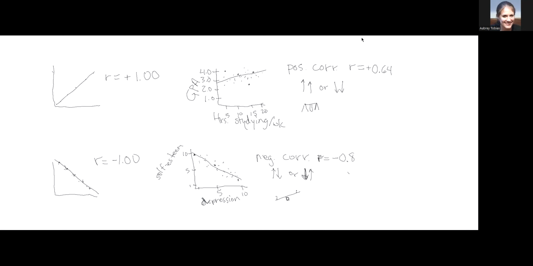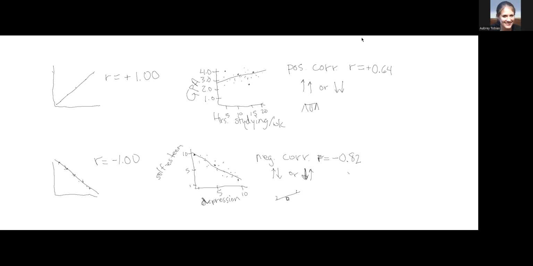And say this is negative 0.82. So with strength of correlation, remember, it's only based on the number, not whether it's positive or negative. So between these two examples, self-esteem and depression are more strongly linked than hours of studying and GPA. I don't remember the exact correlations for these, but that is actually true in real life.